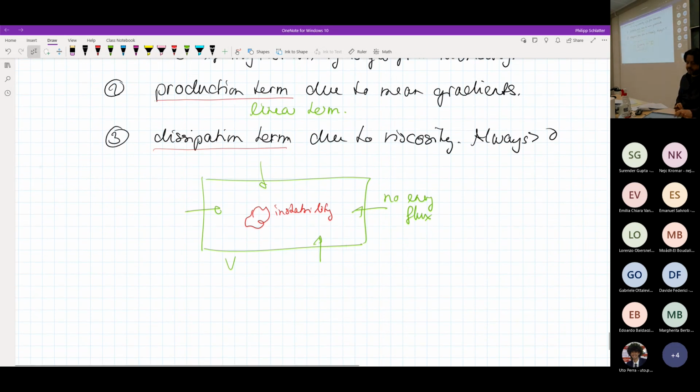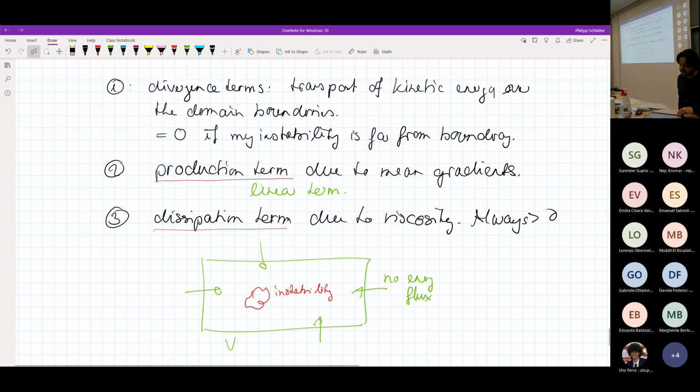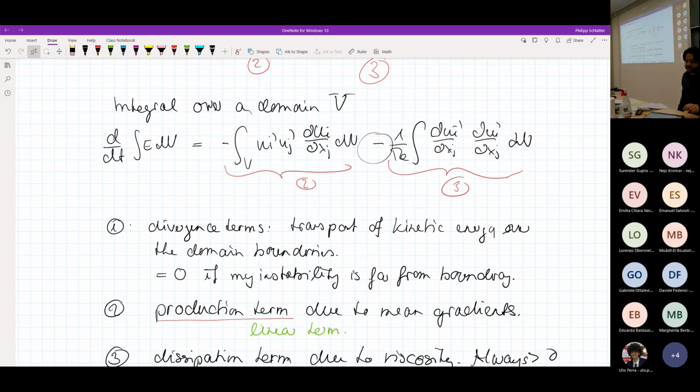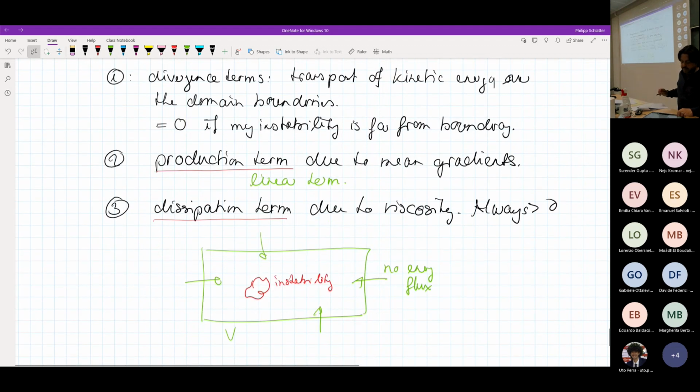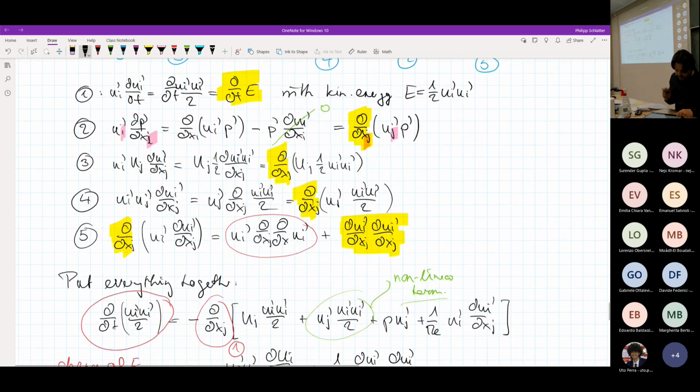Now, why did I say that these are linear terms in that sense? Well, they are linear because what I can do now is, if I normalize the total energy by, let me give a name to that. How should I call this? Well, let's maybe make a change here.